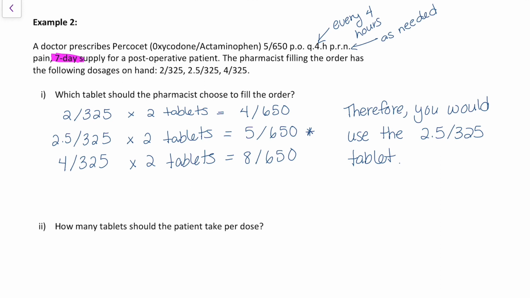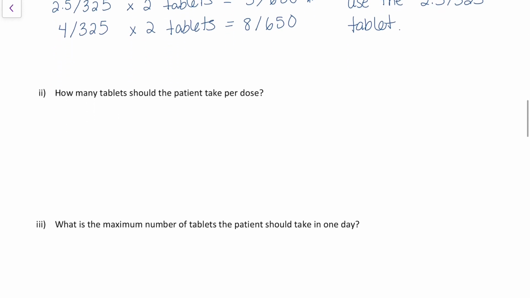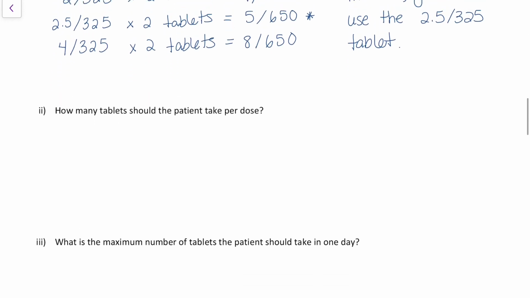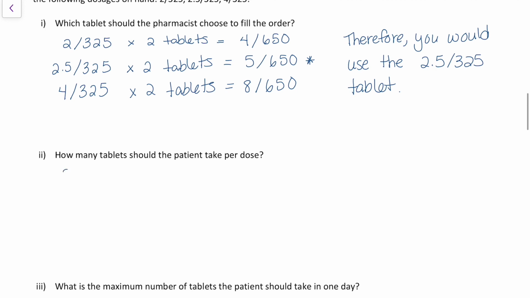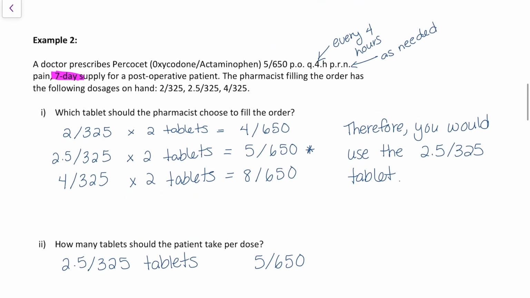The second question says, how many tablets should the patient take per dose? So let's remember I have 2.5 by 325 tablets, and I want to get to 5 by 650 for each dose.